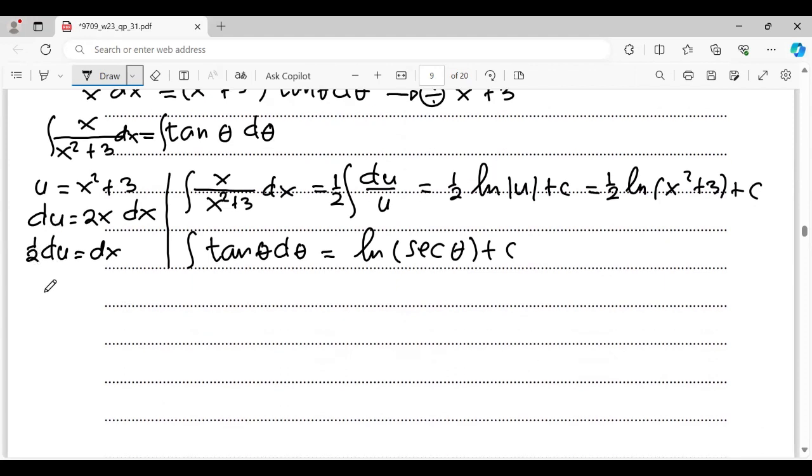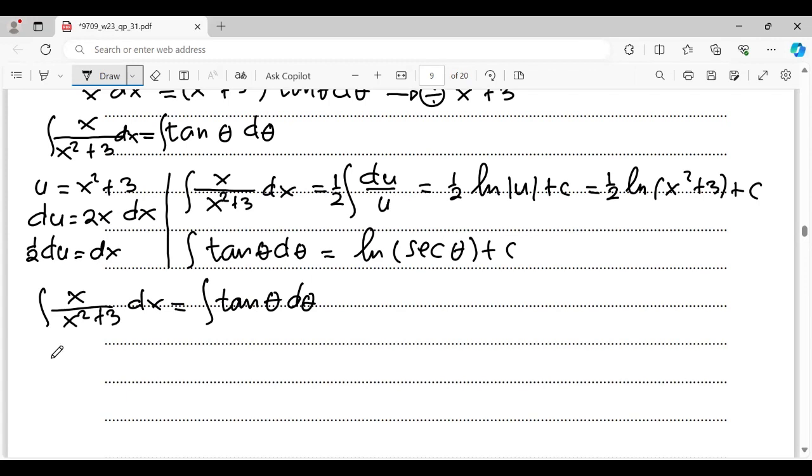So the integral of x over x squared plus 3 dx equals the integral of tangent theta d theta.